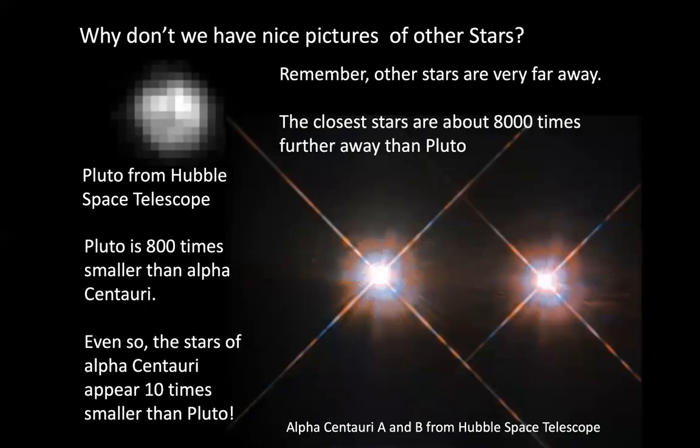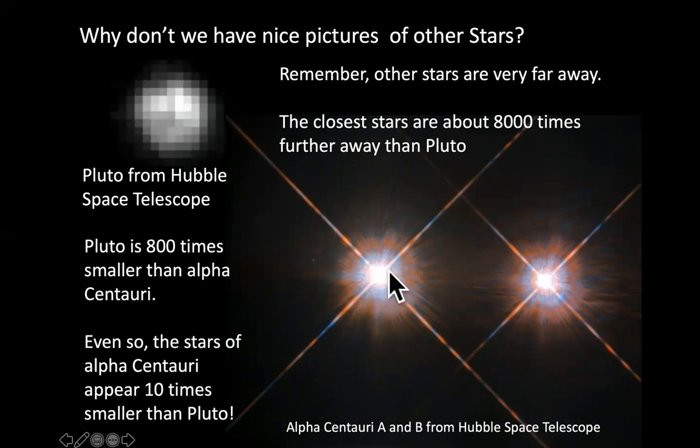For example, Alpha Centauri. This is, again, the closest star, the one that should be easiest to take pictures of. And in fact, you might even think it would help because stars are enormous compared to objects like Pluto. In fact, Alpha Centauri is about 800 times bigger than Pluto physically. But Alpha Centauri is also 8,000 times further away.